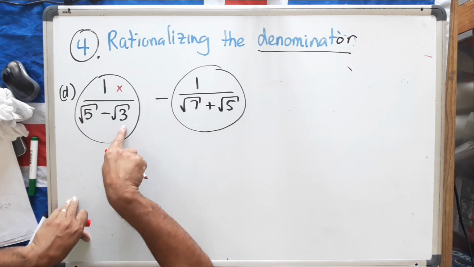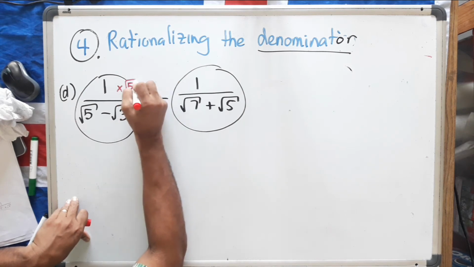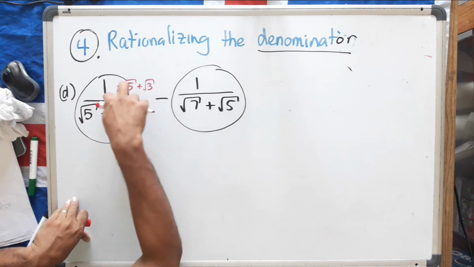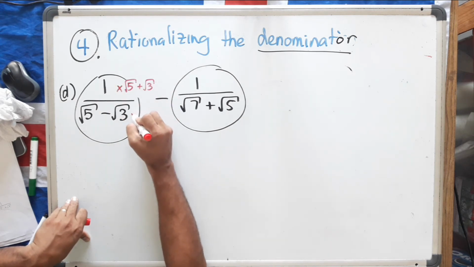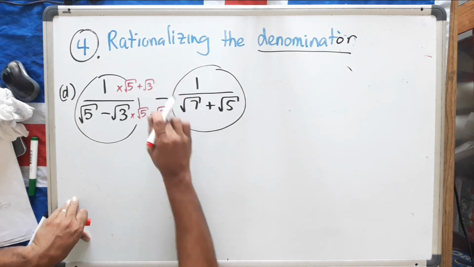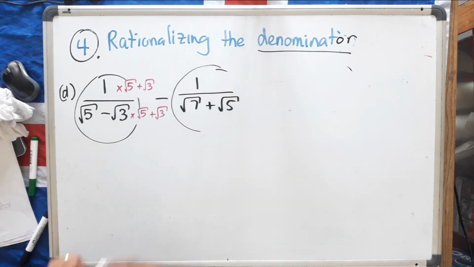Just look at the second item and you make him the opposite. So it will be the square root of 5 plus the square root of 3. So we're going to multiply this by this. And underneath, we're going to multiply this by the square root of 5 plus the square root of 3. The same exact thing. Okay? And on top here, we're going to apply a similar process.